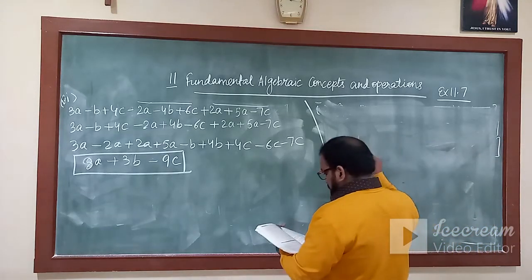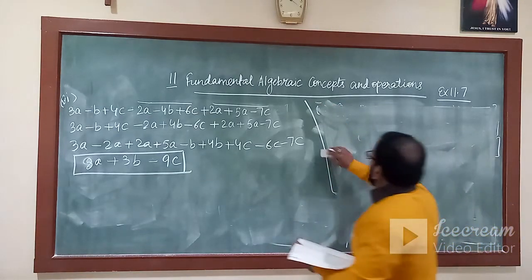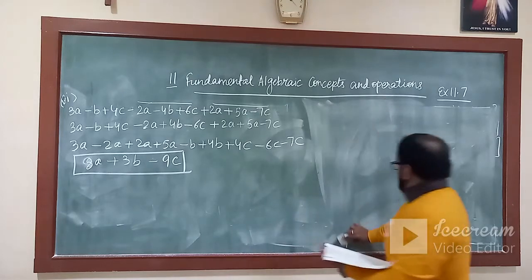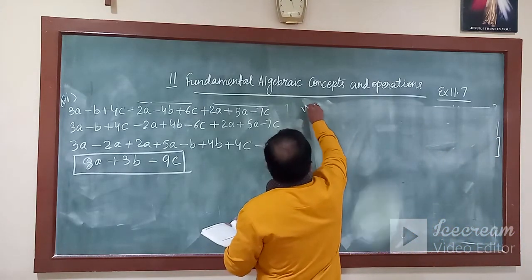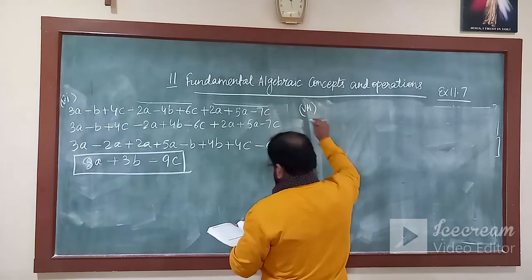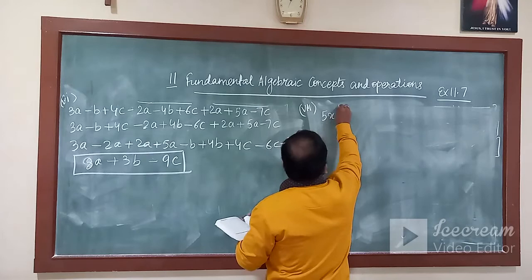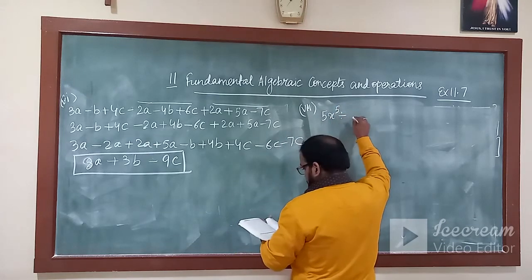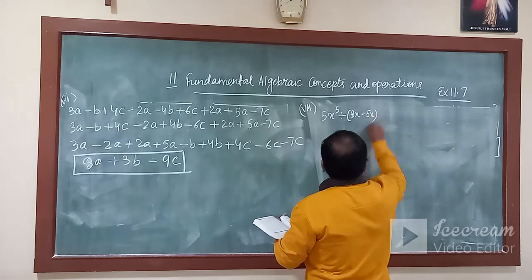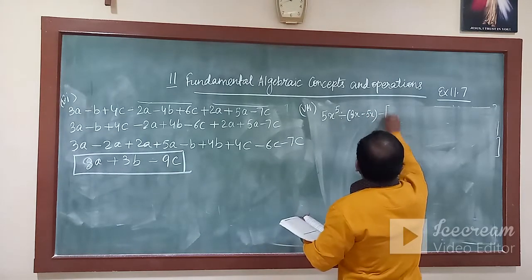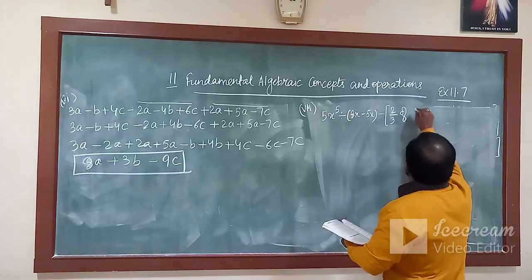Then see the eighth one, a different type of expression. Eighth is 5x to the power 5 divided by 8x minus 5x minus 2 by 3 of, okay, one of is there.